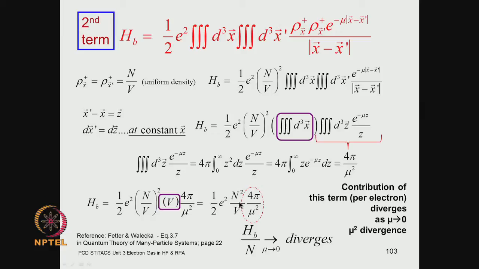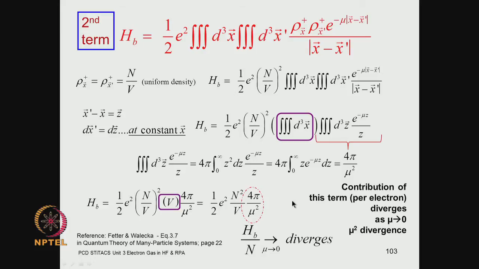Notice that this background Hamiltonian actually diverges in the limit that mu goes to 0. So, we will have to be concerned about it, because we promised ourselves that we are going to exploit the fact that we will let mu go to 0, which is good to get the Coulomb term out of the screened Coulomb term, but then you also have to worry about what it does to the energy, and if there is any divergence resulting from that, we are going to have to handle it carefully.